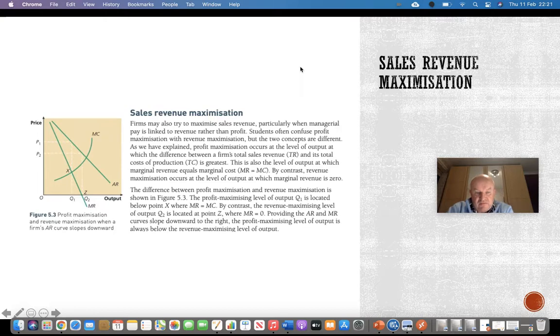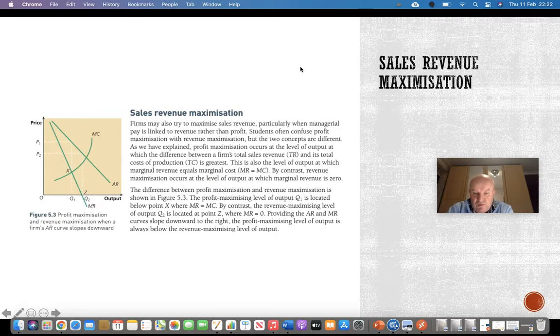Clearly, as we proved to ourselves earlier on in the course, and also in the previous couple of slides, if we're profit maximizing, we will keep producing to the level of output at which marginal revenue equals marginal cost. Now, if we take revenue maximization as the example, we will carry on producing to a level of output at which the marginal revenue is zero.